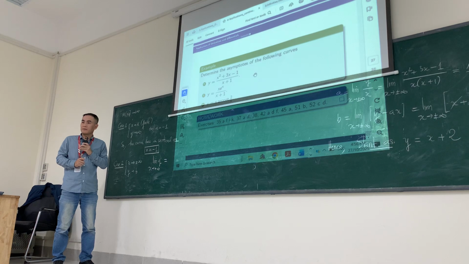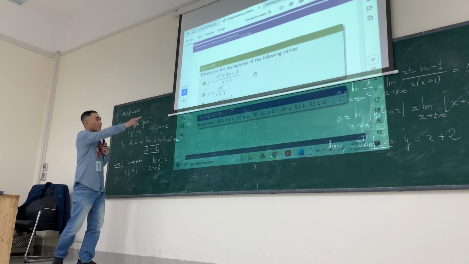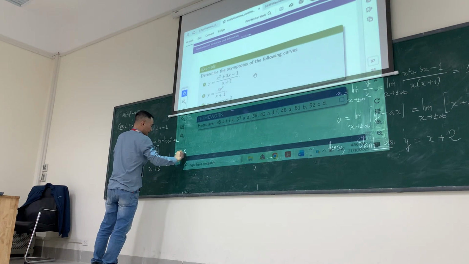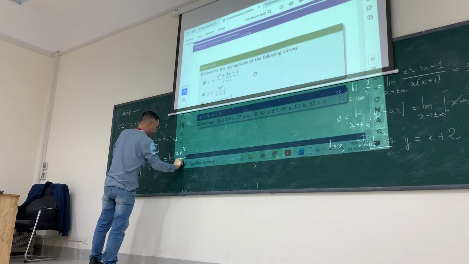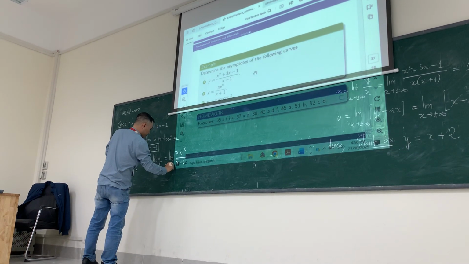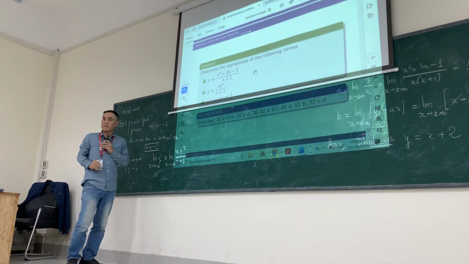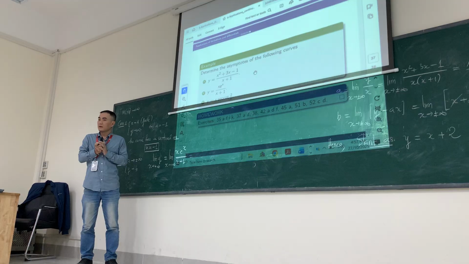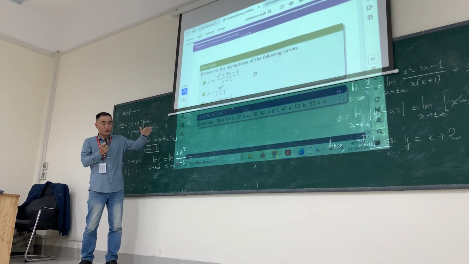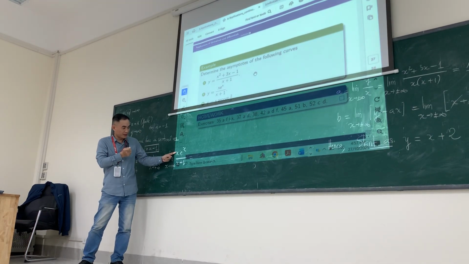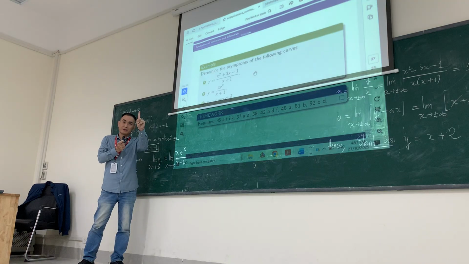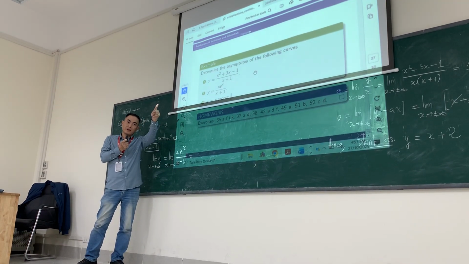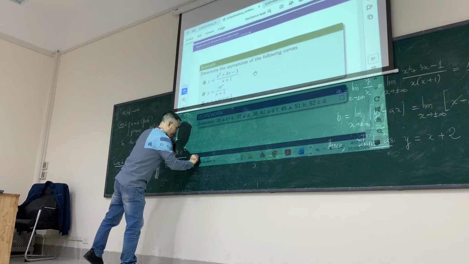The limit of the exponent x over x plus 1 as x tends to positive infinity. When x tends to positive infinity, x over x plus 1 tends to 1, the exponent x tends to infinity. So the limit here is infinity.